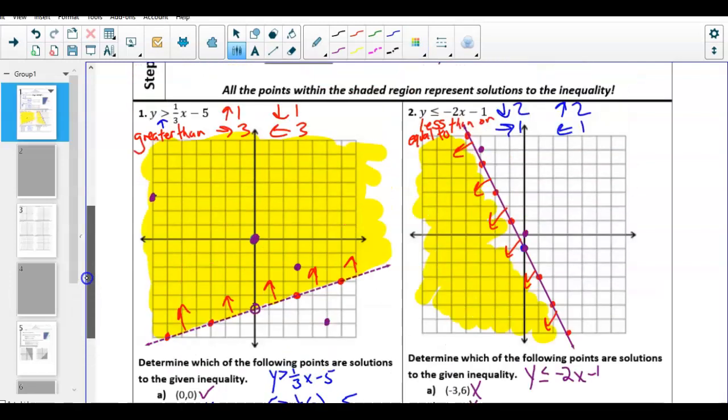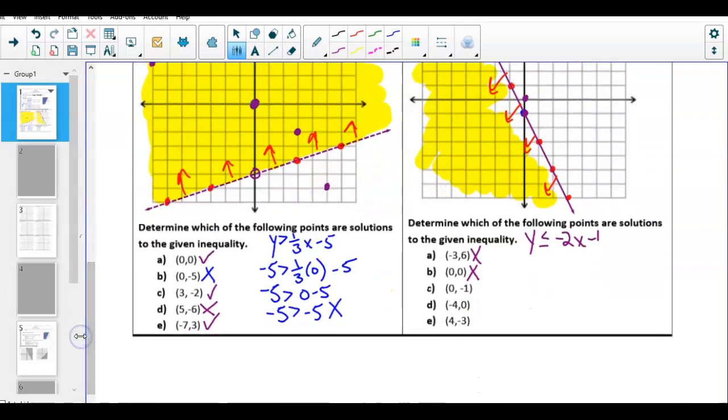So -1 is less than or equal to -2 times 0 minus 1. -1 is less than or equal to 0 minus 1. -1 is less than or equal to -1. This is a true statement because of that equal to. So this is a solution.